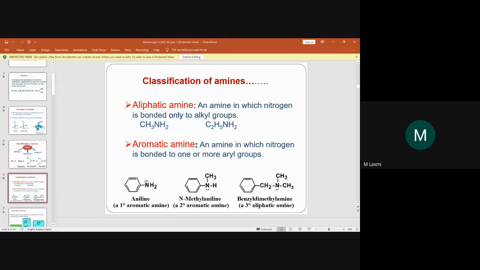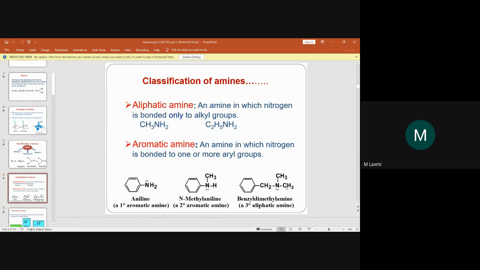We have seen a first example of primary aromatic amine where one R group is replaced by an aromatic ring. Look at the second example. Here one R group is replaced by an aromatic ring, another R group is replaced by an aliphatic group. Third example, which is tertiary: one R is replaced by aromatic while two R groups are replaced by aliphatic. So you don't have a pure tertiary aromatic amine.